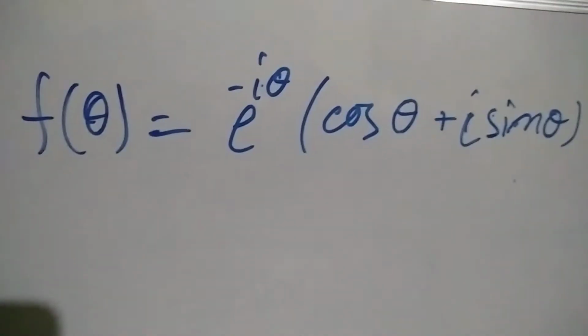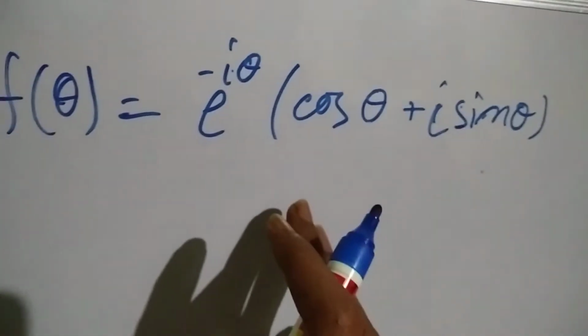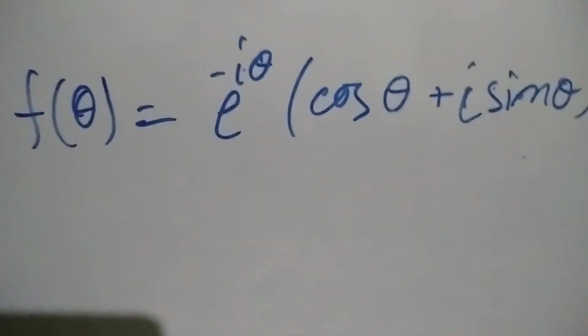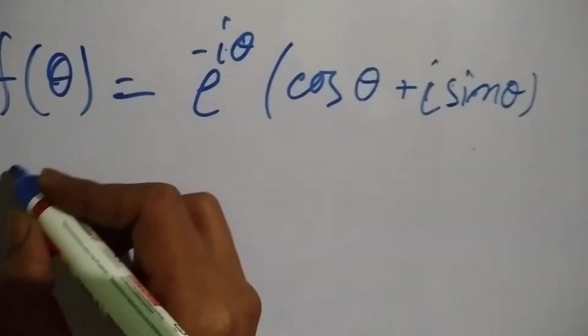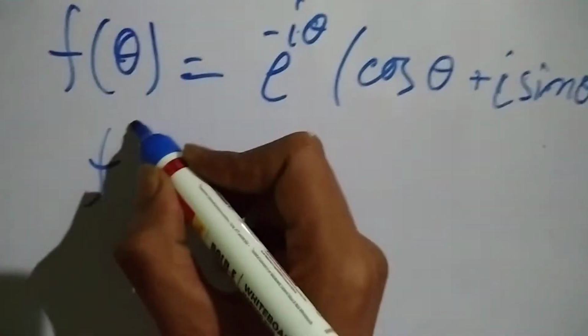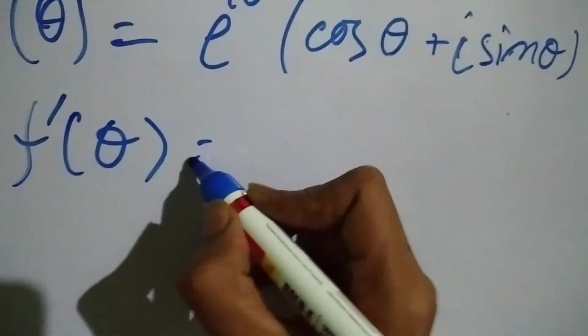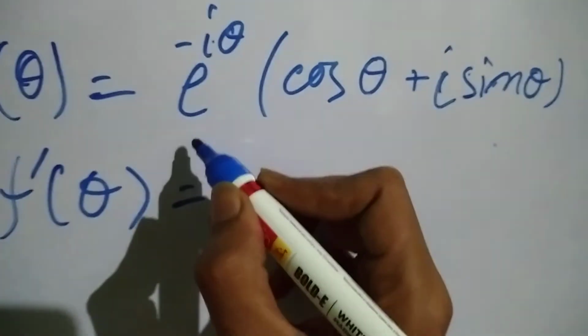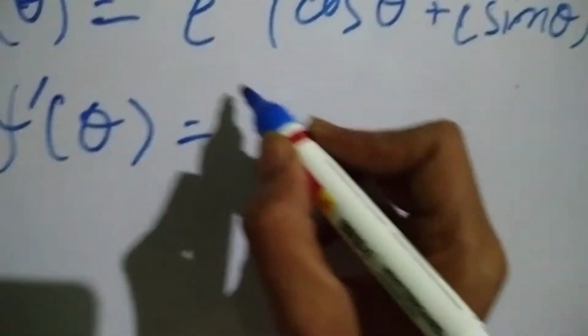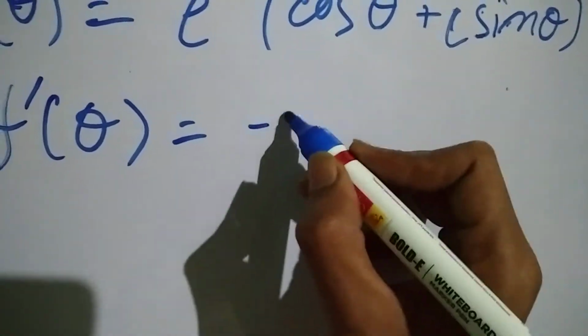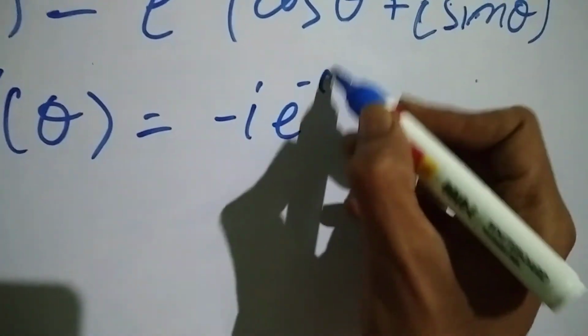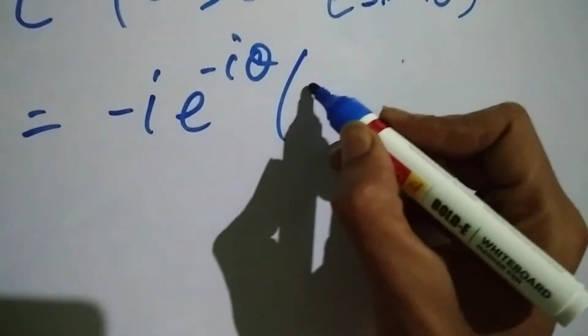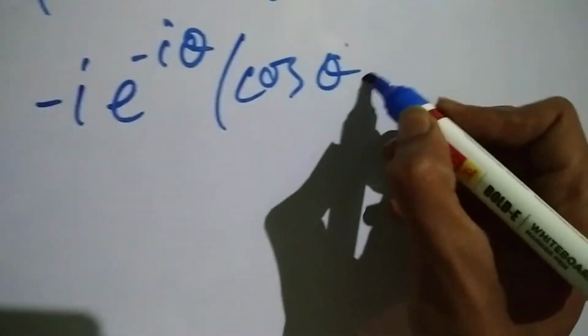So let's do this. We choose a function like this, and now we will take the derivative of this function. For the first term, we take the derivative and we get this, and this term will be fixed.